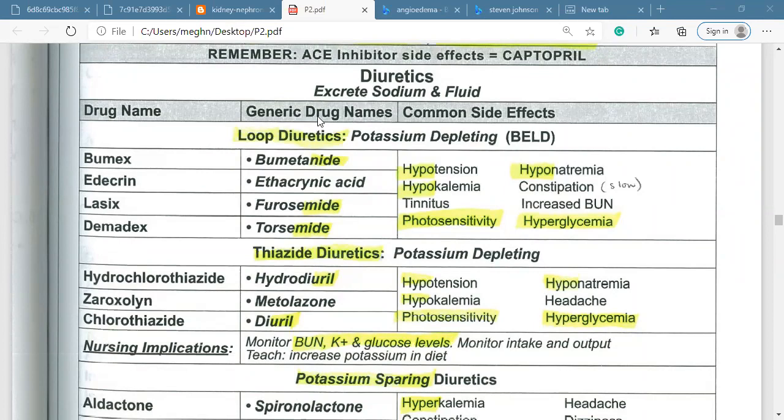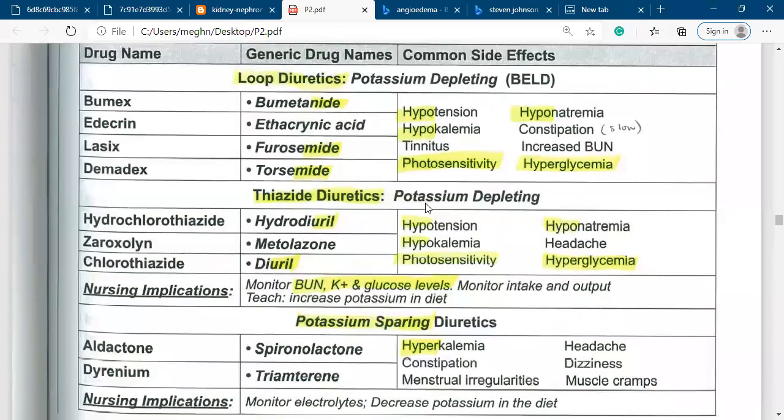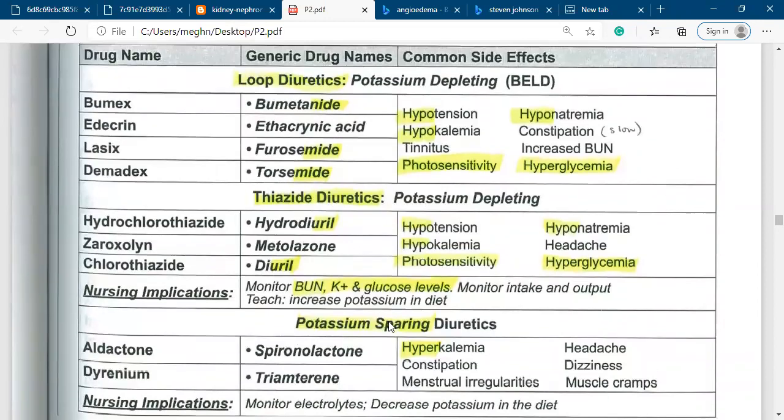So there are a few categories of diuretics according to their location of action. We categorize diuretics as loop diuretics, thiazide diuretics, and potassium sparing diuretics, right?